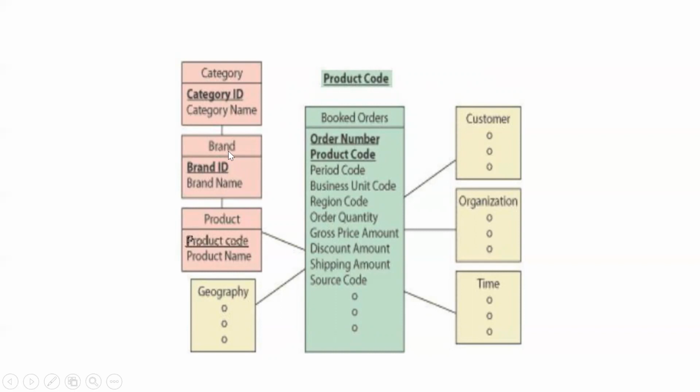Rather, product and brand tables can be joined, and then again, joining with the fact table, we can fetch the information from the brand table. Similar thing for category. So this is called snowflake data modeling, where the dimension table cannot directly interact with the fact table. Rather, dimensions are interdependent on each other, and it looks like this. So it's called snowflake schema.